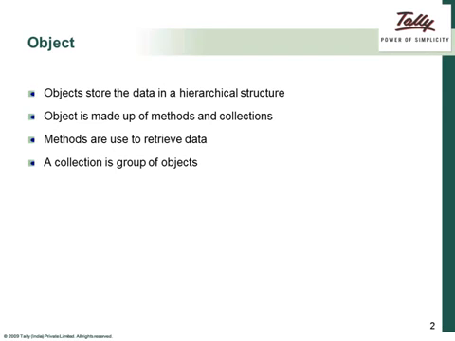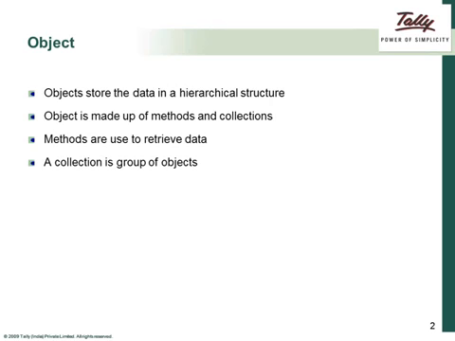Basically, an object stores data in a hierarchical structure. Now what's a hierarchical structure? It is nothing but like a tree structure. An object is made up of methods and collections. A method is used to retrieve the data, and a collection is a group of objects.